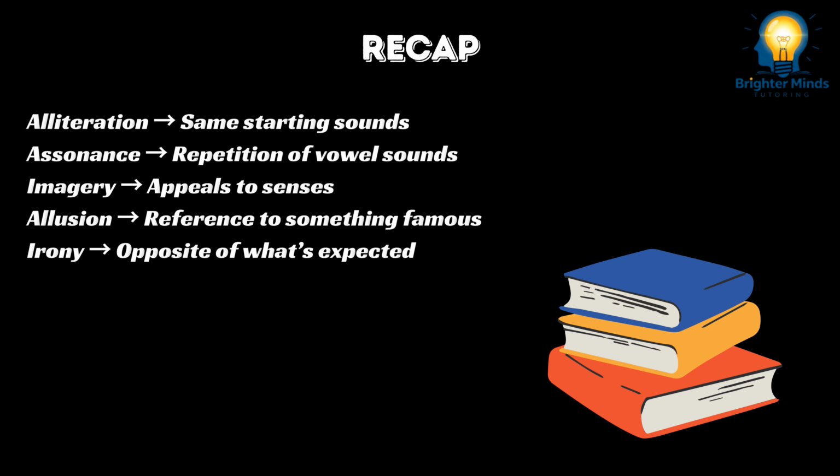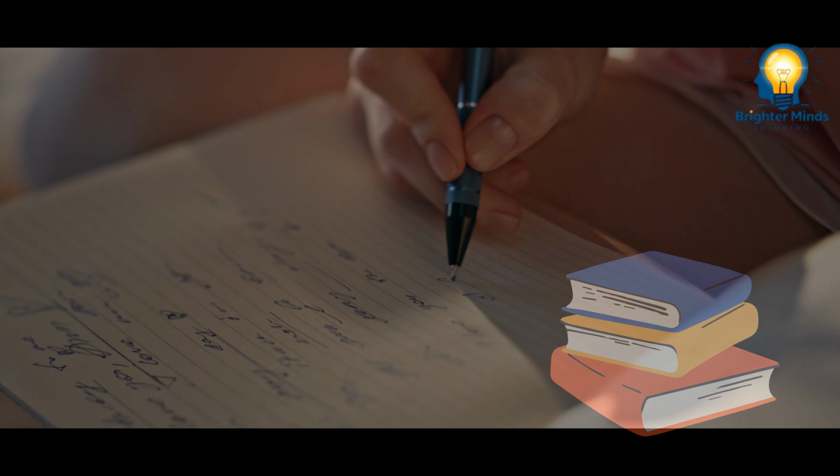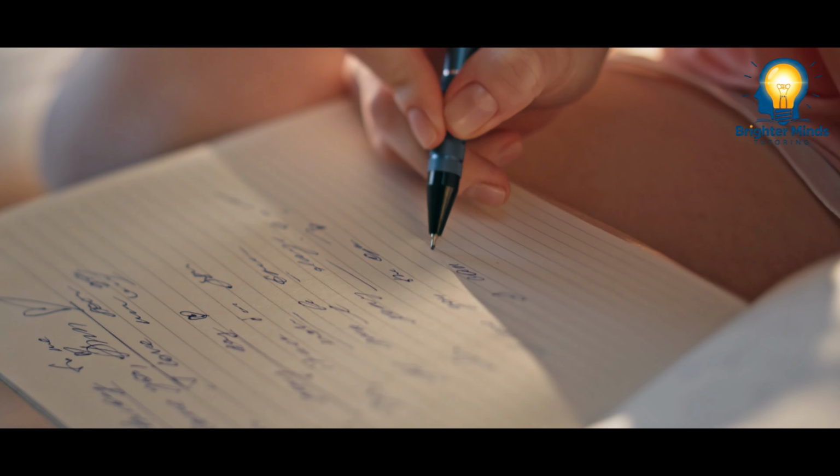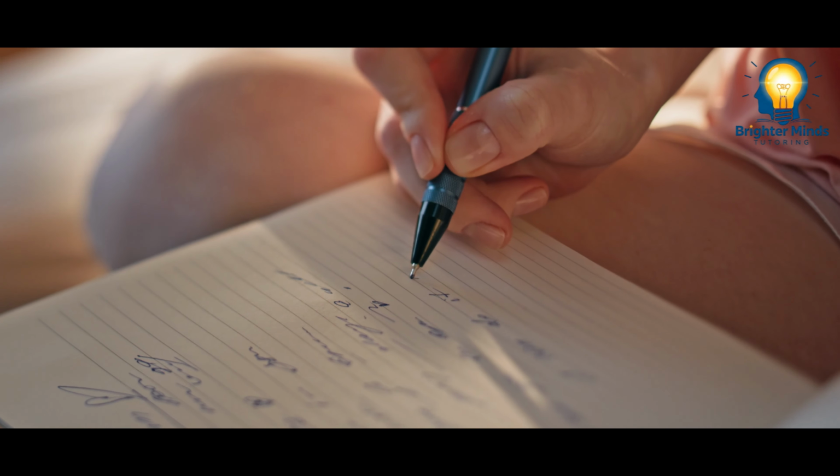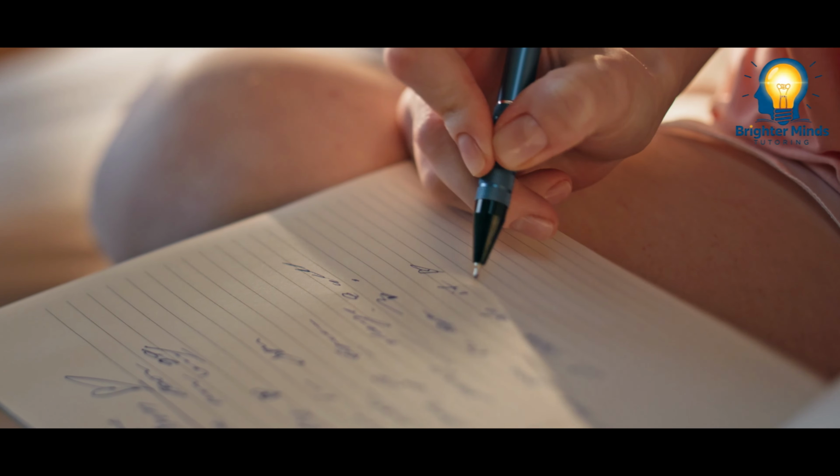Assonance is repetition of vowel sound. Imagery appeals to the senses. Allusion is a reference to something famous. And irony is the opposite of what we expect. And that's figurative language explained. Next time you're reading a poem, story, or even listening to music, see how many of these you can spot.